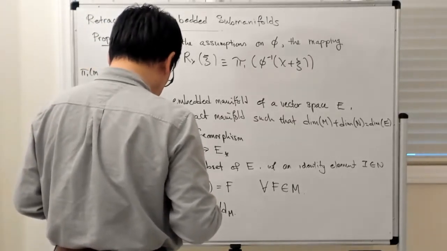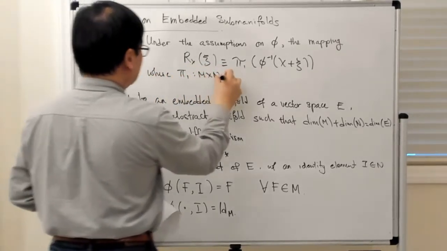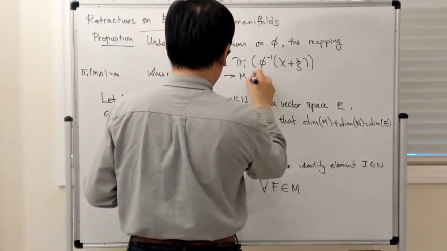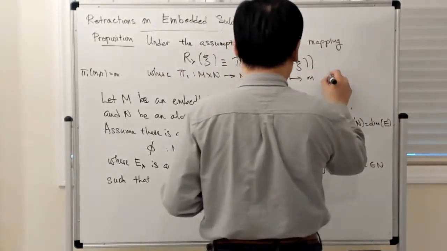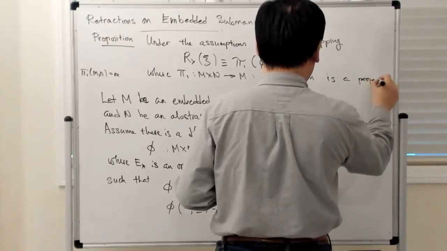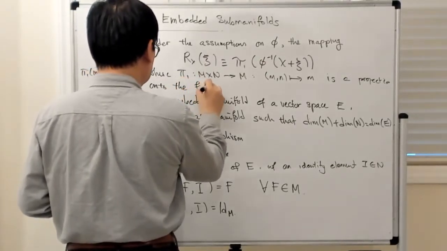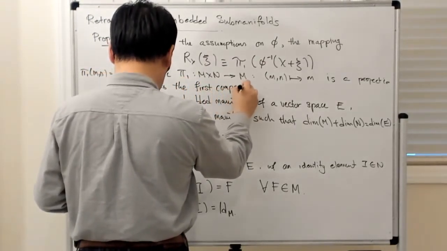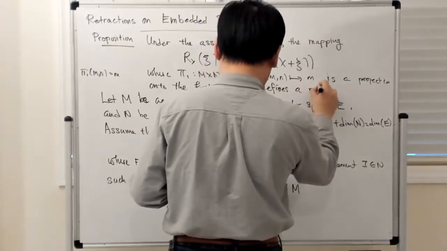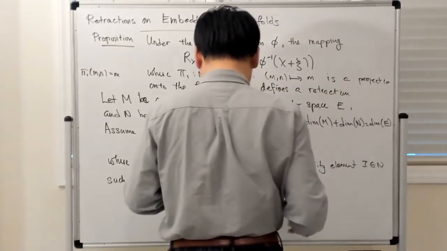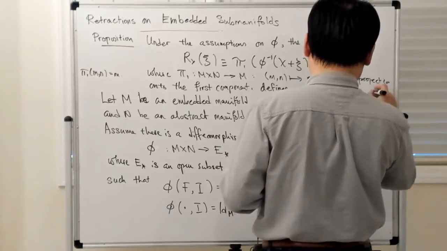Where pi 1 is a map from M cross N to M, a projection onto the first component, that defines a retraction on M.